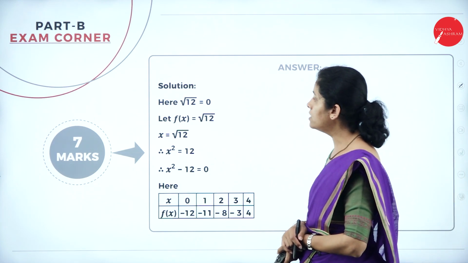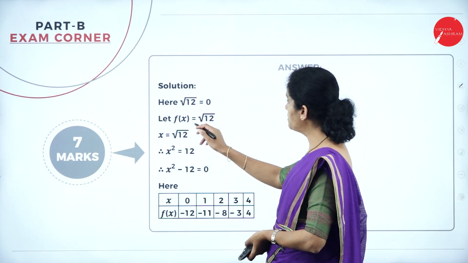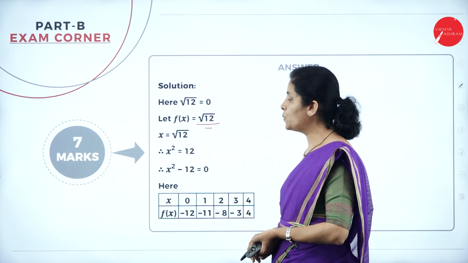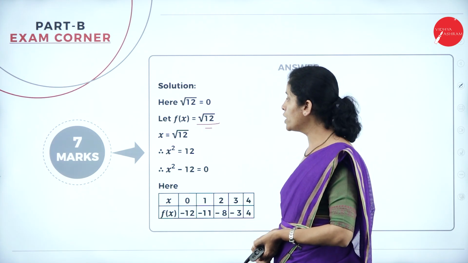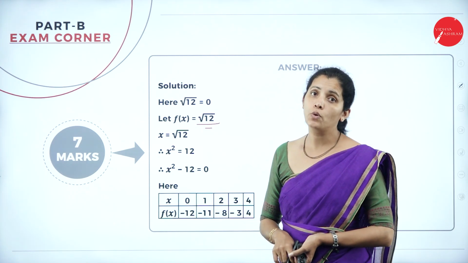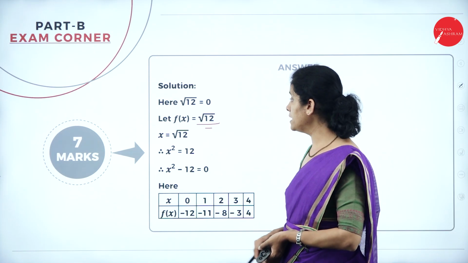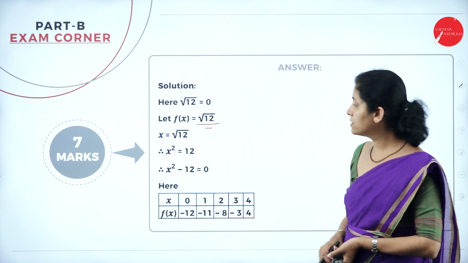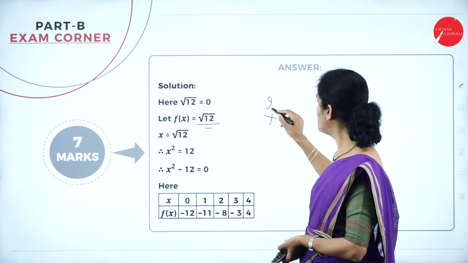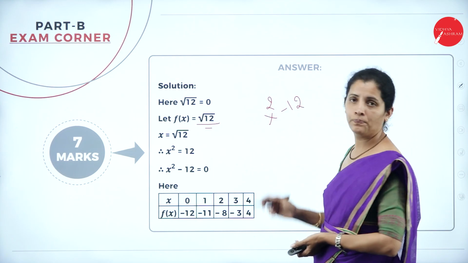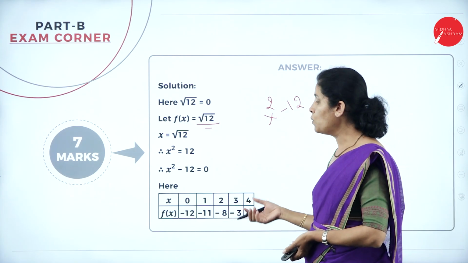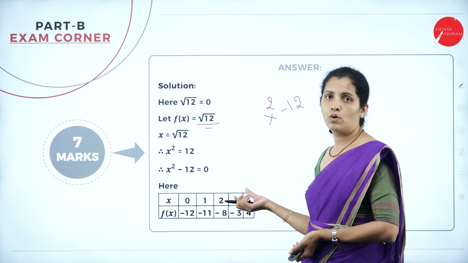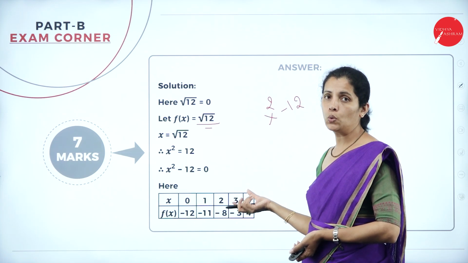So here f of x is nothing but square root of 12, x equal to square root of 12, and squaring both sides I am getting x square equal to 12. If I simplify further, I am getting x square minus 12. Now, once again, I want to find out the roots.